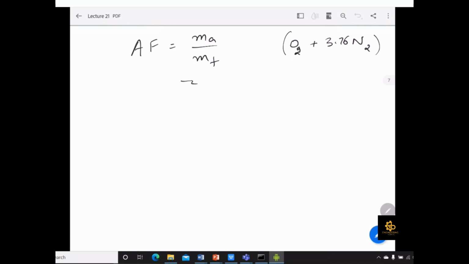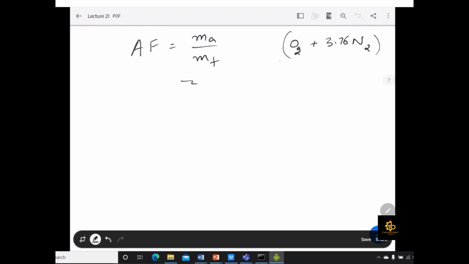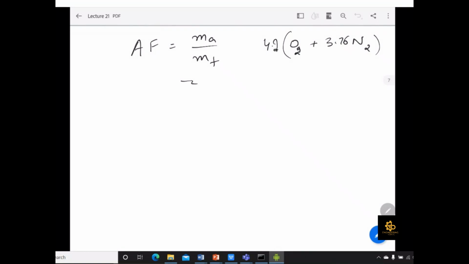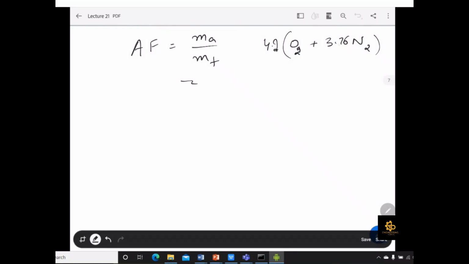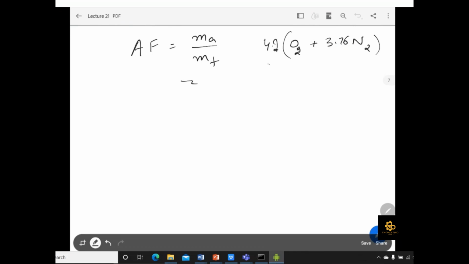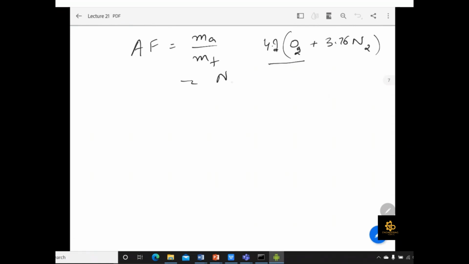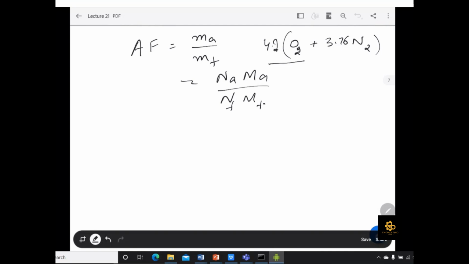Now from the equation, it is multiplied 4.2 into O2 plus 3.76 N2. Here you get the number of moles of air. The number of moles of air, molar mass of air over number of moles of fuel, molar mass of fuel. So now this equation becomes like this.